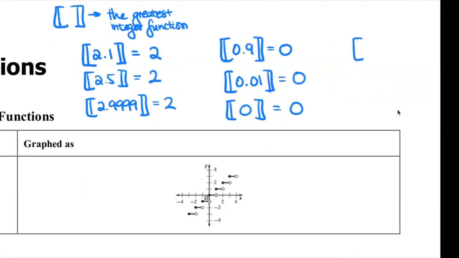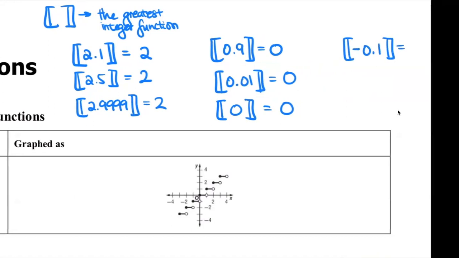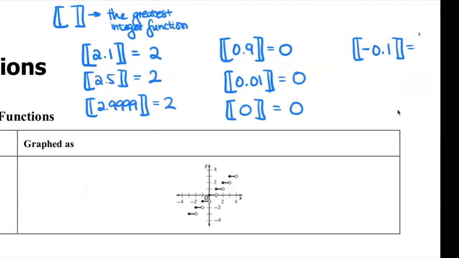It gets a little tricky with the negatives. All right, so let's practice a few negatives. So negative 0.1, closest integer, but without going over. If I put 0, 0 is greater than negative 0.1, so that would not work. Instead, the closest integer would be negative 1 without going over.